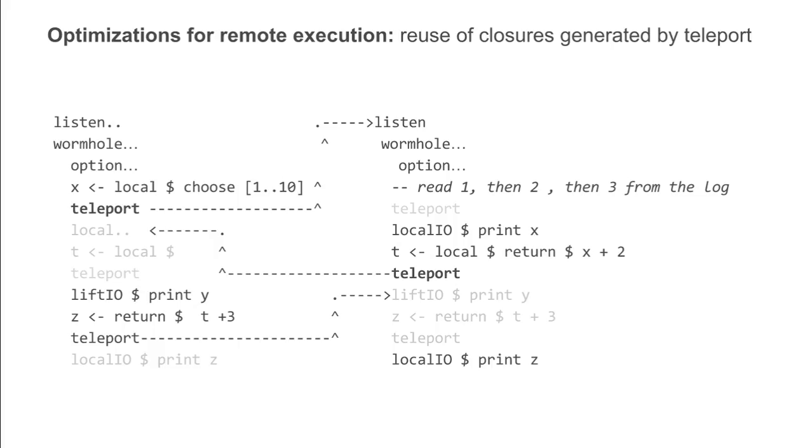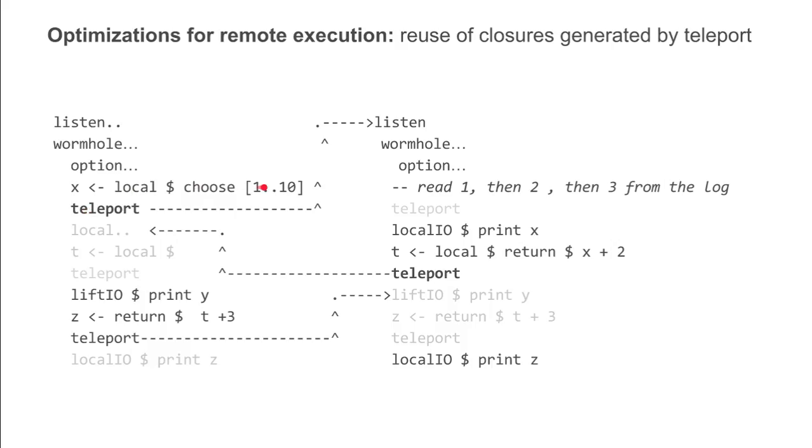We can have not very long logs, because we only log the top level calls, but we can optimize the replaying by reusing closures. Look at this. We have the same listen and return, the same wormhole, the same option, and some x is generated here, which is logged.